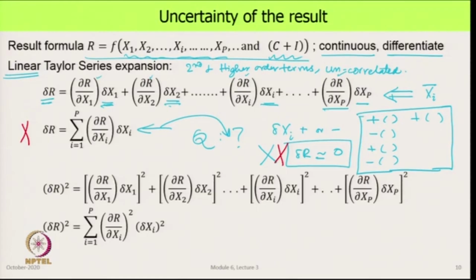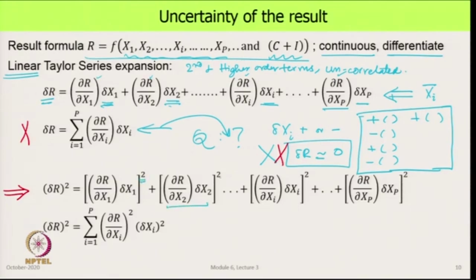But what one does is say that since the errors were completely coming in a random manner, it is much more realistic to square them and add them up. So, this is what we have here. We took this first term and squared it.